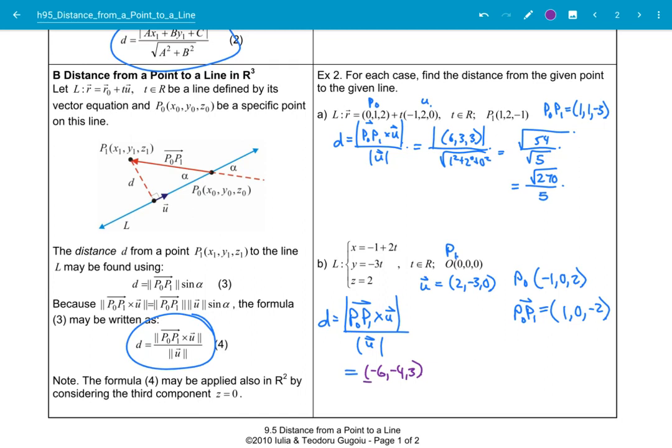Magnitude of U is root of 14. Oh, we're doing magnitude on the top still. It's 36 plus 16, 52, 61. Root of 61 over, not 14, root 13. Rationalizing that, root of 793 over 13. It's example 2.